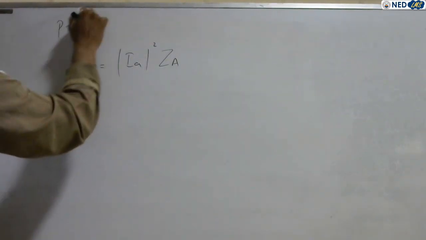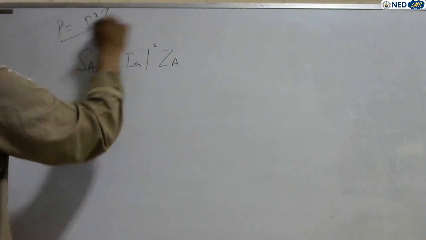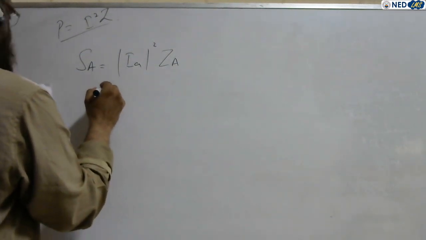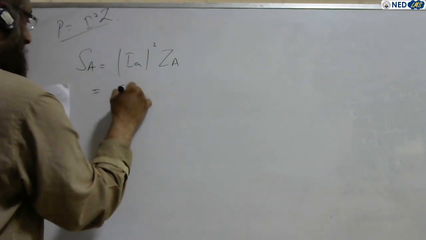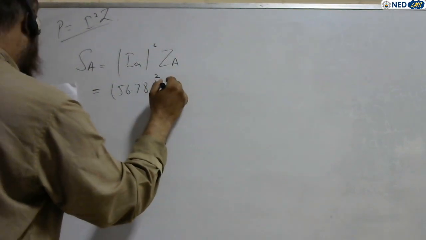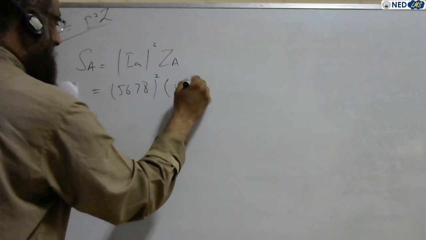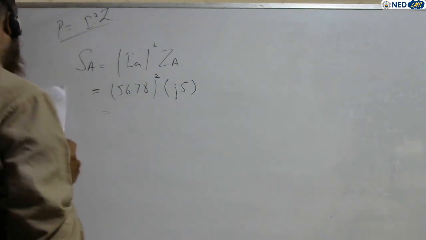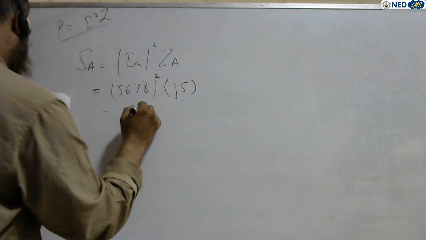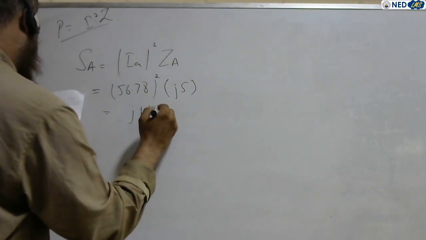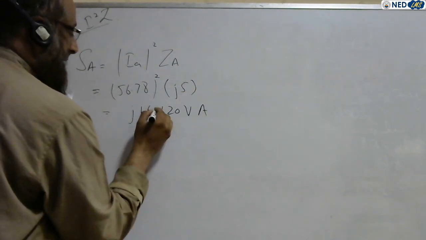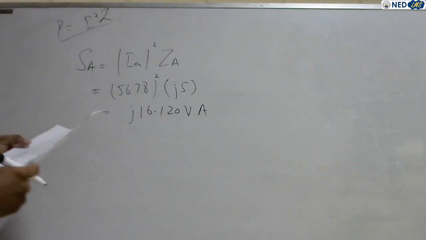Remember, I square times Z. We already calculated our line current, that is 56.78 square, and the impedance of phase A was J5. So the power absorbed by load A equals J16,120 volt ampere. The unit being volt ampere because it is apparent power, right?